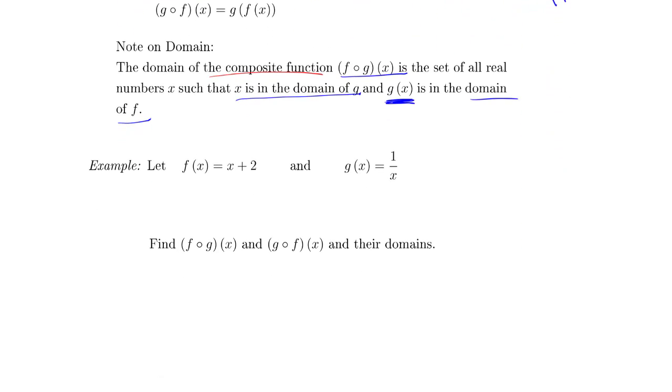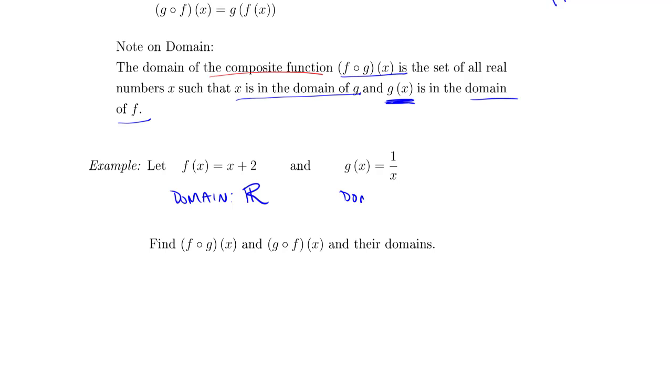All right, let's take f of x equals x plus 2, and g of x is 1 over x. Let's look at domains before we get to the rest. Well, x plus 2 has the domain of all real numbers. There's no restrictions there.